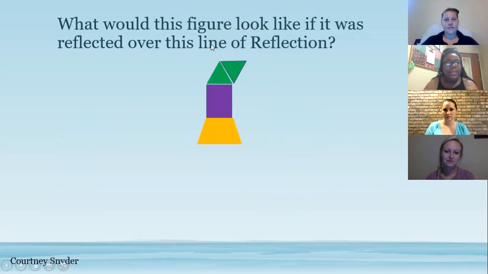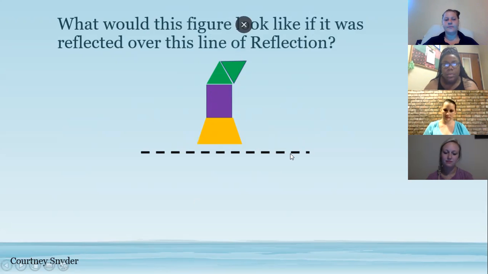Courtney, can you tell me what this figure would look like if it was reflected over the line of reflection? I sure can. The line of reflection we're going to use is this line at the bottom of the figure. A simple way to remember this is that we want to know what the figure would look like if we flipped it completely over this line.